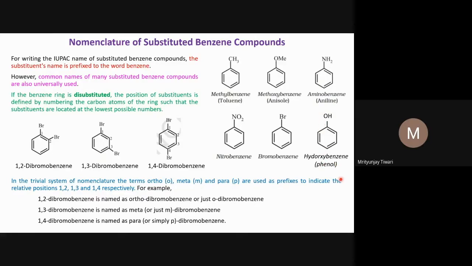So if there is multiple substitution on these compounds, one can consider phenol, aniline, anisole, or toluene as the base compound, and then the other substituents are given positions. Numbering will always start from the carbon atom which contains the OH group in phenol, the NH2 amine group in aniline, the methoxy group in anisole, and the methyl group in toluene.